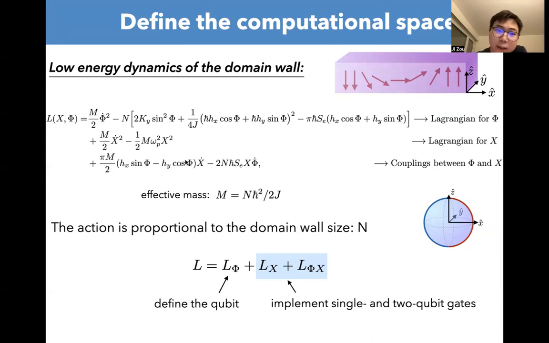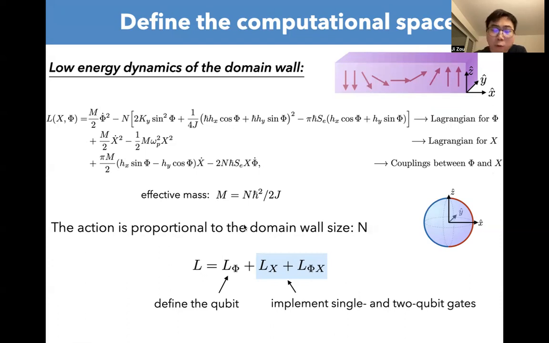Okay, so that's all this action for all the low energy modes that we care about. One important observation is that this action is proportional to the domain wall size. It just tells us that if the domain wall is larger, the system is more classical.